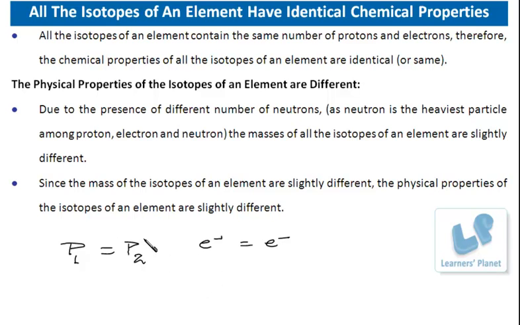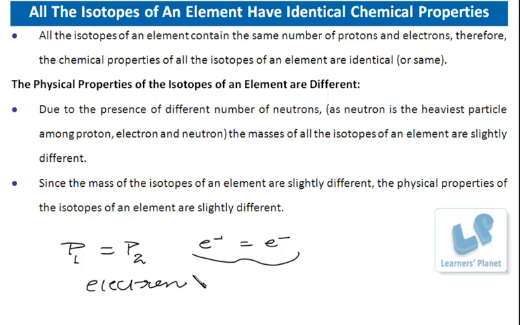What is the entity in an atom which takes part in the chemical reaction? It is the electron. Valence electrons take part in the reaction forming the compound. Now isotopes have the same number of electrons, so they have similar chemical properties.